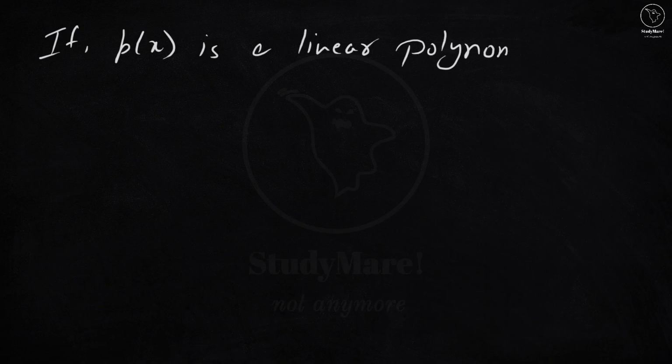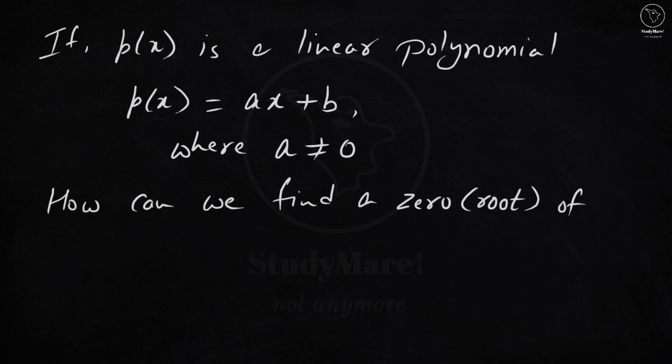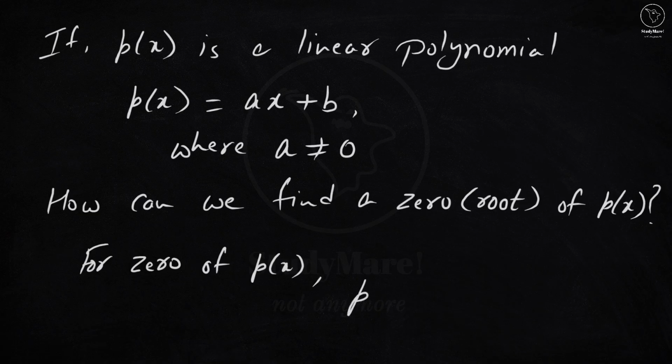If P(x) is a linear polynomial, P(x) is equal to ax plus b, where a is not equal to 0, how can we find a 0 or root of P(x)? Now, for 0 of P(x), P(x) should be equal to 0.